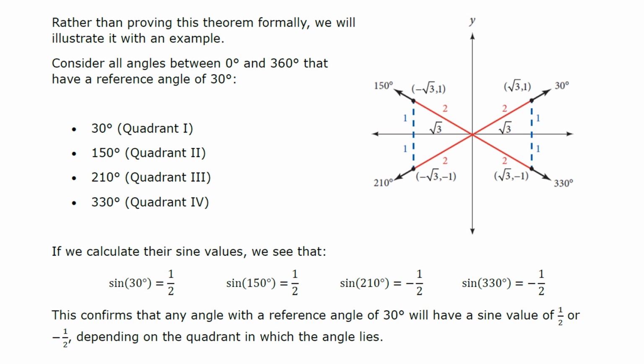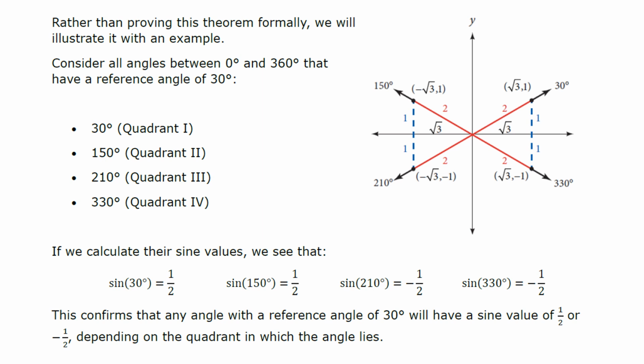In quadrant 3, that would be 210. 210 would also have a 30-degree reference angle, and so would 330. If we calculate their sine values, we see that the sine of 30 would be 1/2. The sine of 150 would also be 1/2.